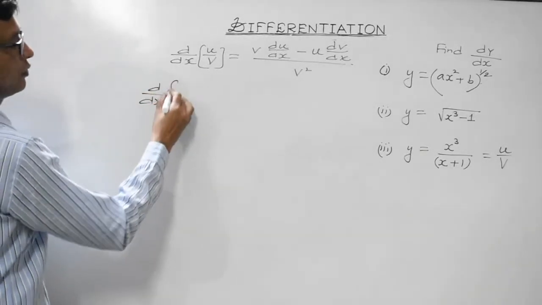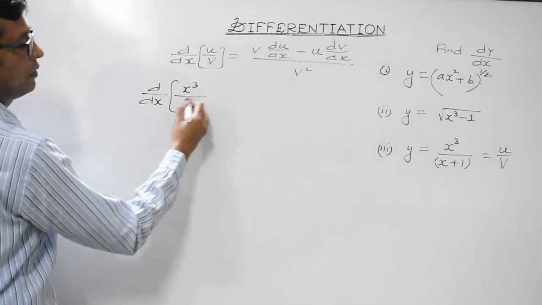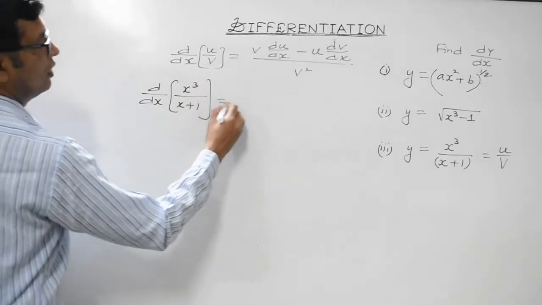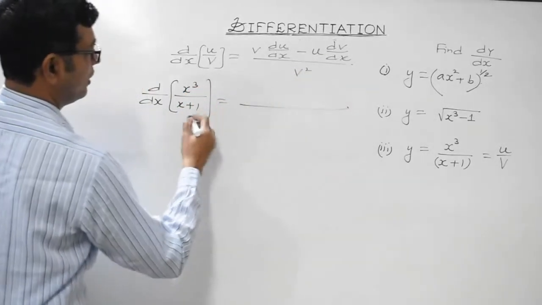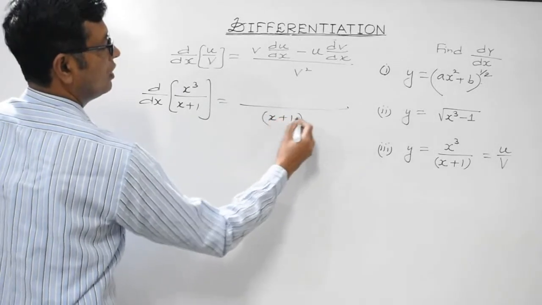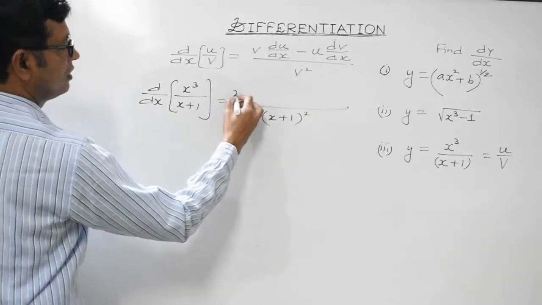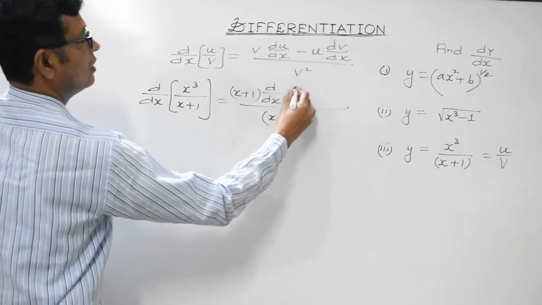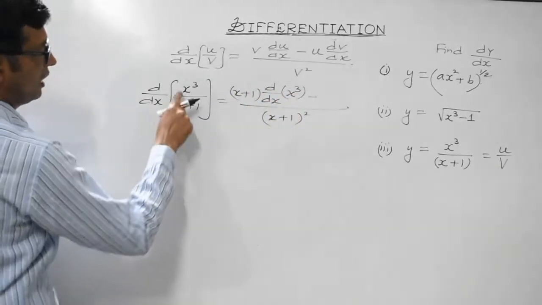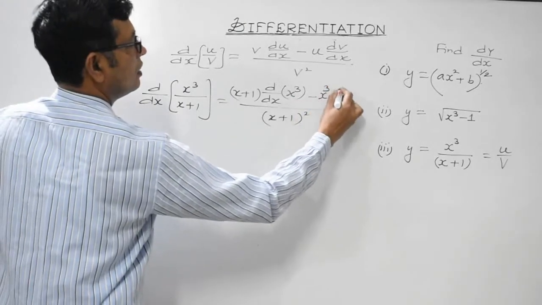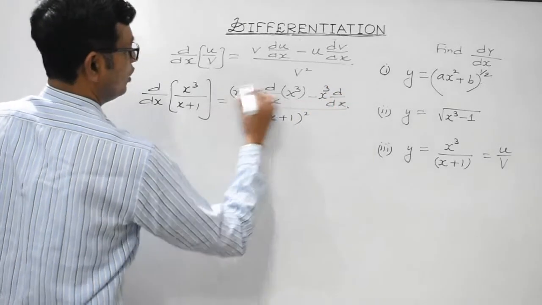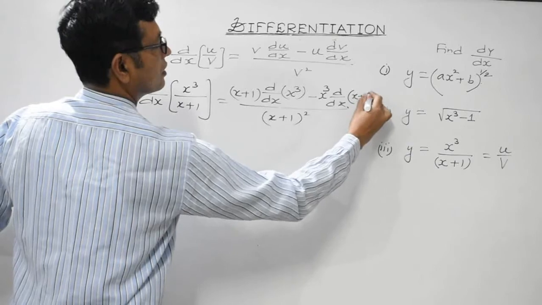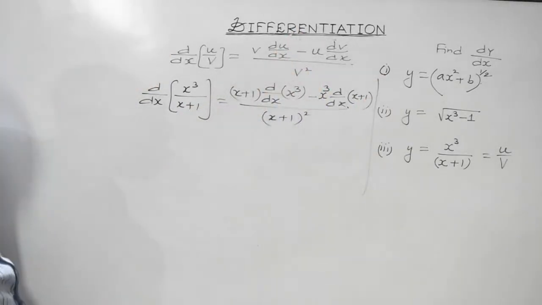So let's try to solve it. d by dx, we are supposed to solve this one, x cube divided by x plus 1. So make use of this formula: denominator square, therefore x plus 1 whole square, denominator multiplied by differentiation of numerator, right? Minus numerator into differentiation of denominator. That's it. I've simply used this particular formula.